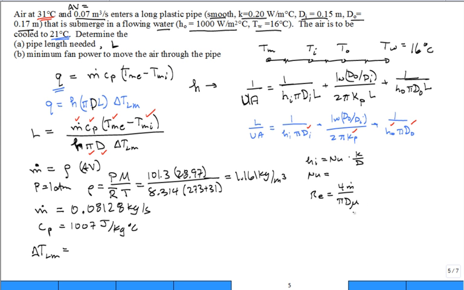So it's evaluated at that film temperature. Here, let's calculate, not the film temperature, the average mean temperature.